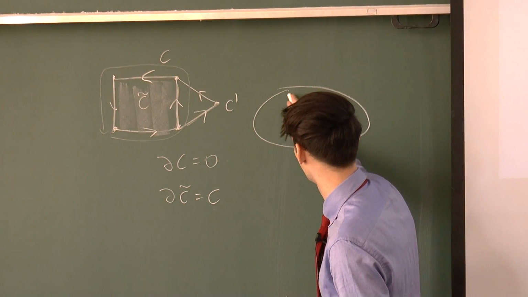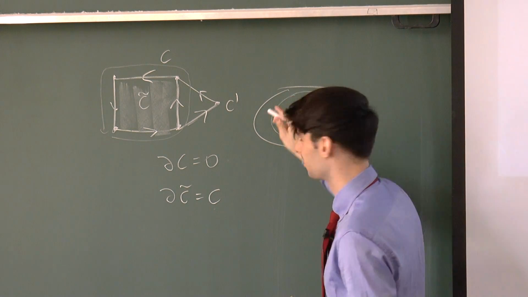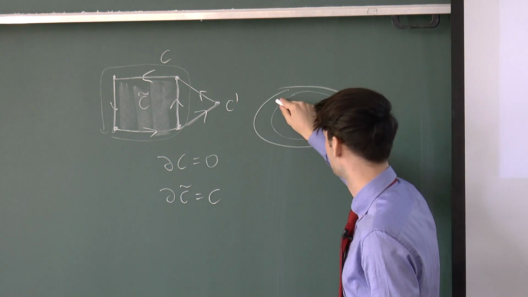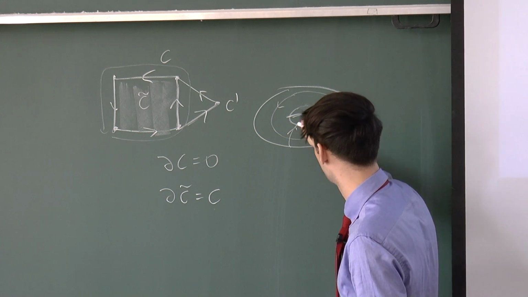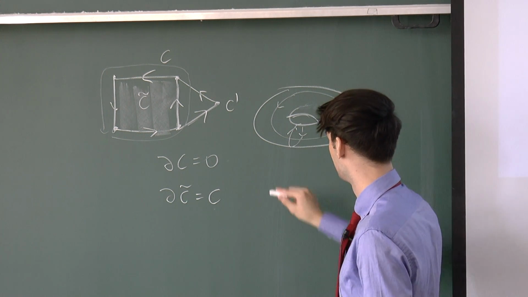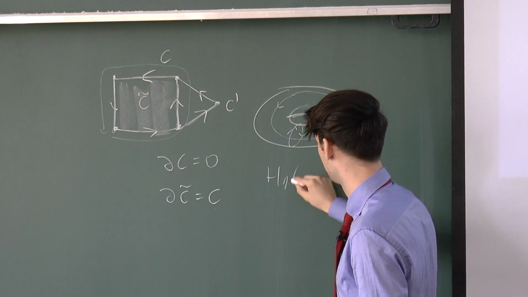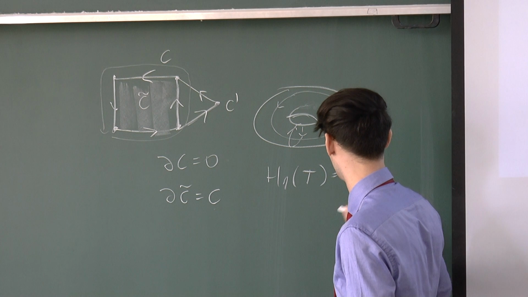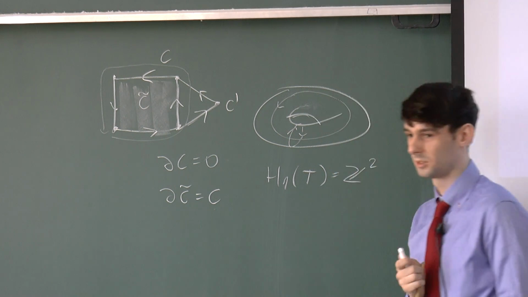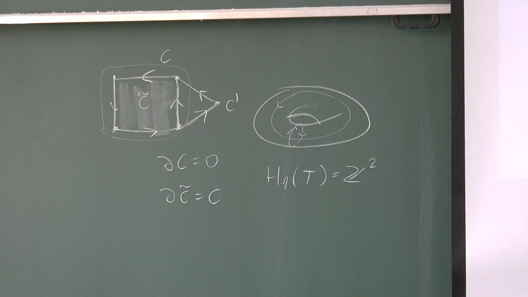When we have a torus, for example, then on a torus we have two kinds of non-contractible cycles. One goes around this, and another one is here. And H1 of this torus is Z squared, that's for those two.